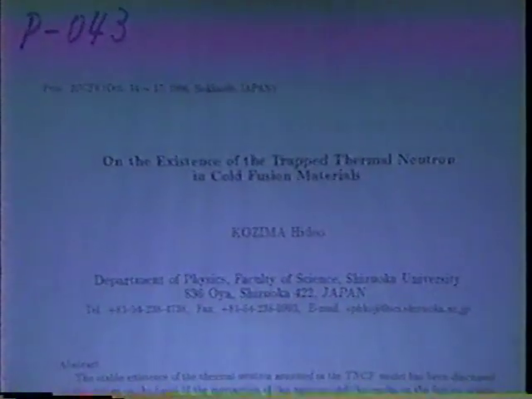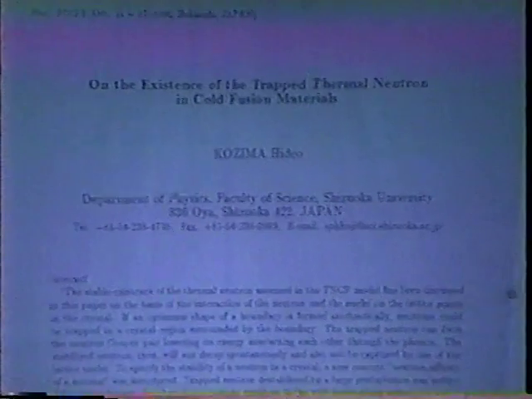I want to show you the existence of trapped thermal neutrons in cold fusion materials, by the analysis of experimental results and also by some physical basis.